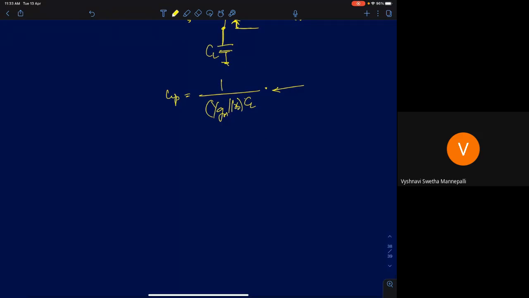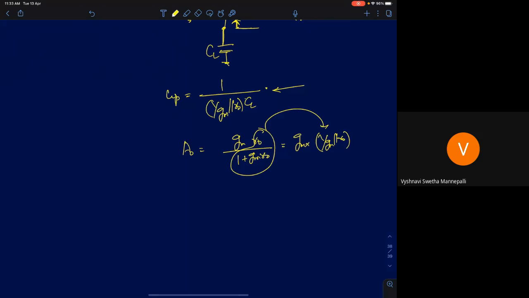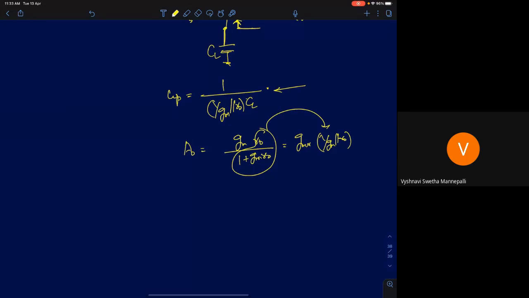And your intrinsic gain is given by GM R0 by 1 plus GM R0. This term, R0 by 1 plus GM R0, is nothing but 1 by GM parallel R0, so the gain is GM into 1 by GM parallel R0.